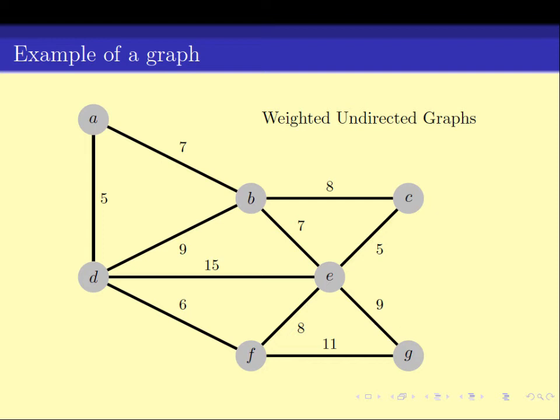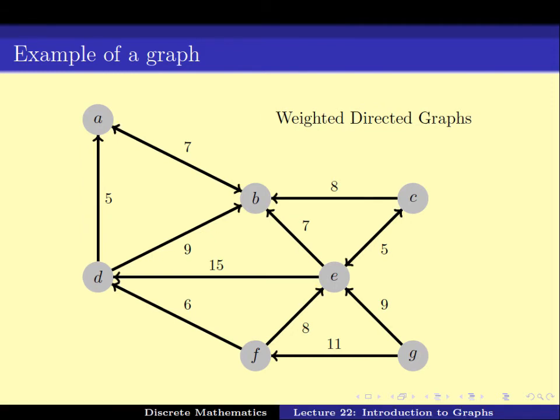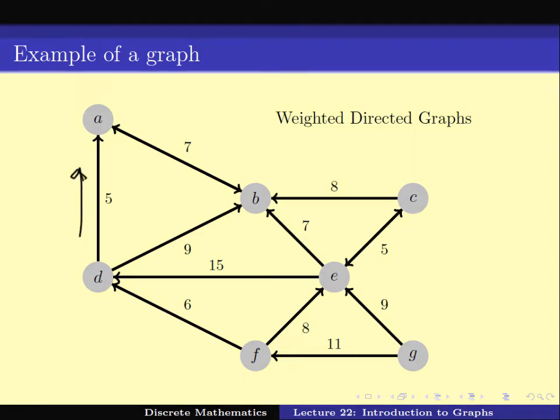Also, if we don't want to have an undirected graph, or in other words the binary relation is not symmetric, we usually denote the non-symmetric edges using arrows. So this arrow means that D is related to A because there is an edge from D to A. But since there is no edge from A to D, it means that A is not related to D. You can think of it as one-way paths.